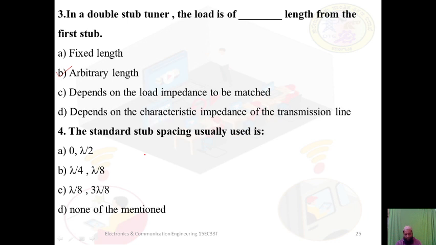So we discussed the optimum positions. The first location is usually connected closer to the load and the distance between the stubs is usually 3λ/8. So the answer is option C.